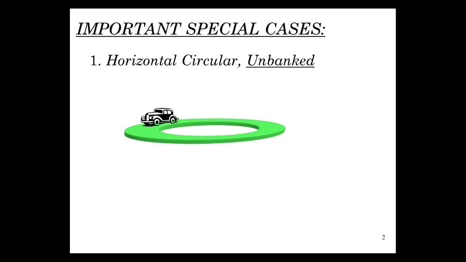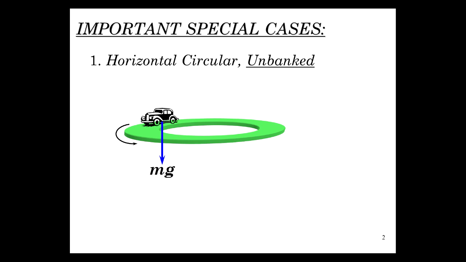The first important special case we'll consider is a horizontal circle, unbanked. So a car going around a circular track. That is a brand spanking new 2013 model car going around this circle. Isn't that beautiful?